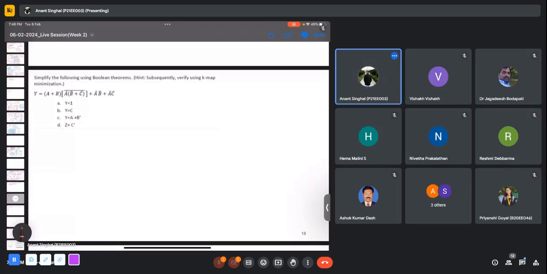Any answer for this? Okay, yes. So for the previous question, it is fine. If complements are available, then only one OR gate is required. That is what I answered.